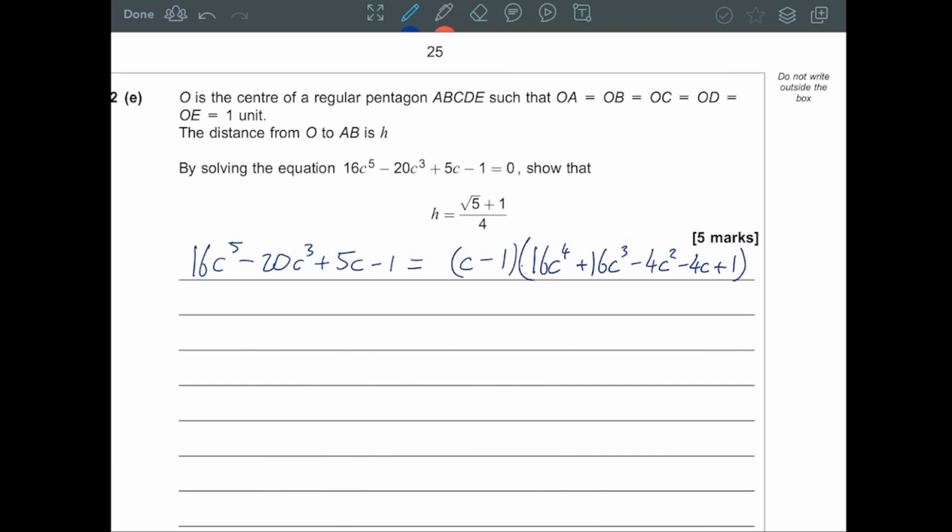Now that 16c to the 4 plus 16c cubed thing is a repeated quadratic factor. What is that repeated quadratic factor? So what is this saying?